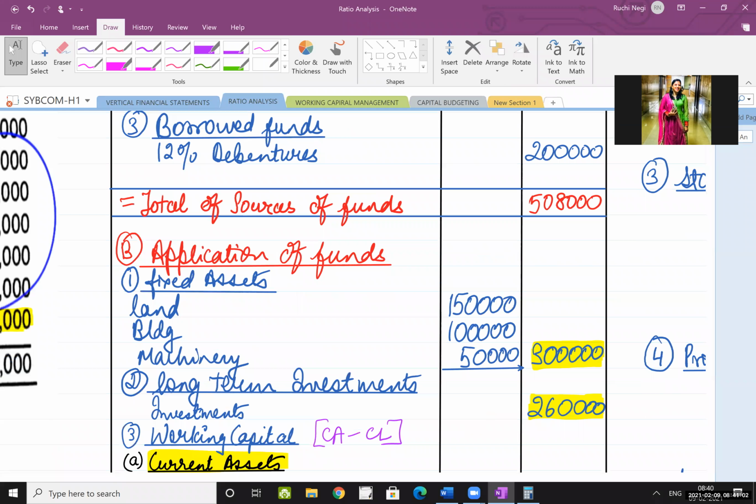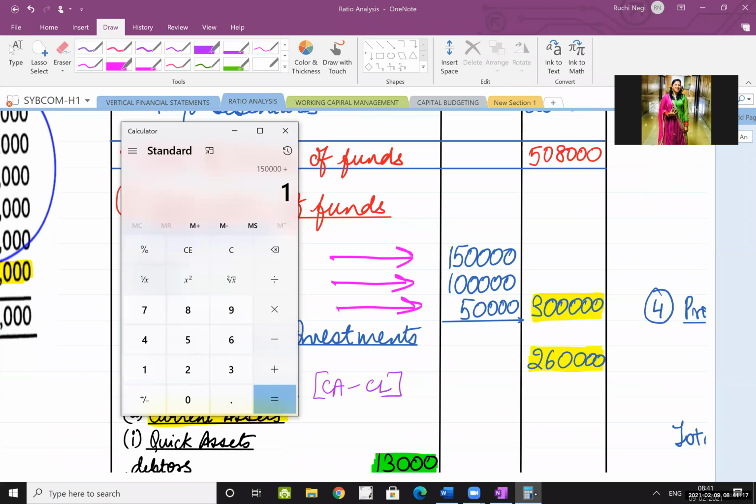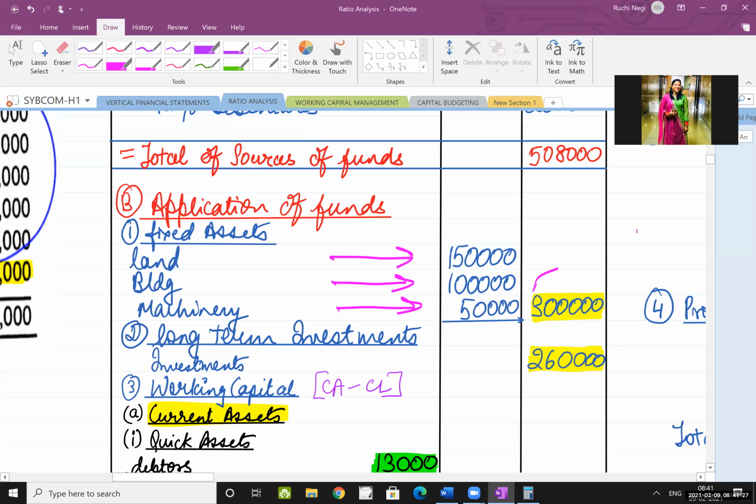Fixed assets. May I have land 1,50,000, building 1 lakh, and machinery 50,000. So take it in the outer column. 1,50,000 plus 1 lakh plus 50,000 is 3 lakhs. So how much is my fixed assets? 3 lakhs. Then long-term investments, 2,60,000.